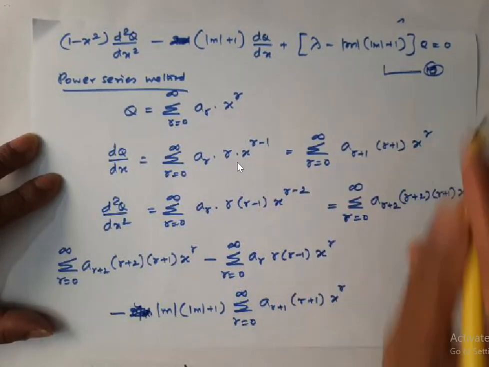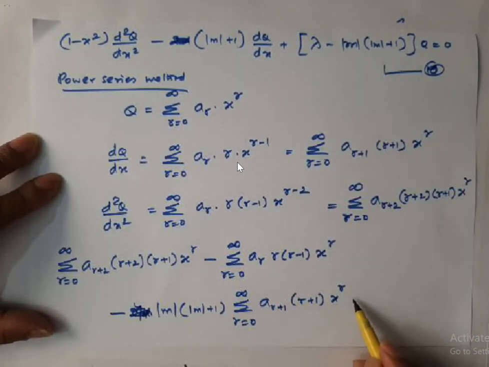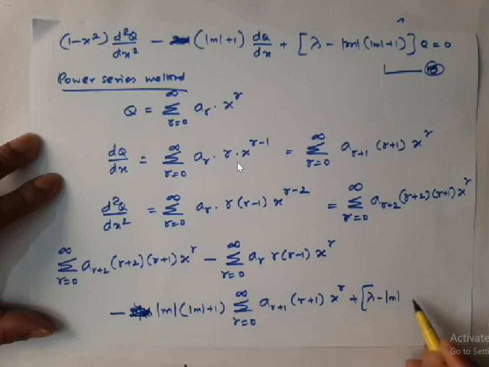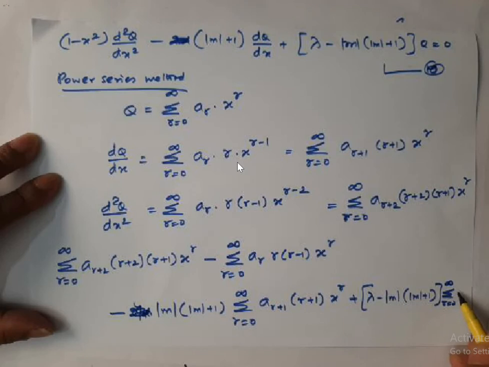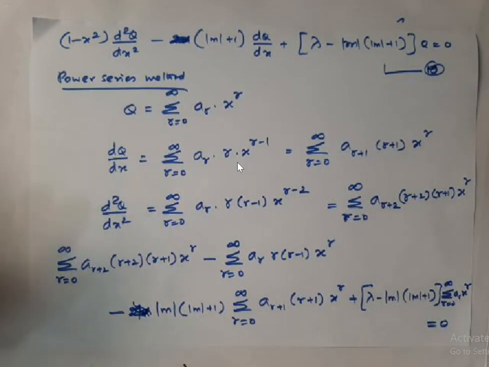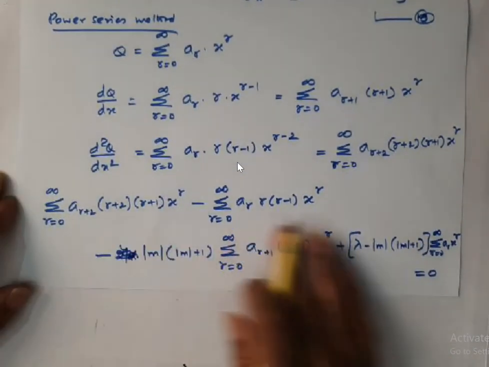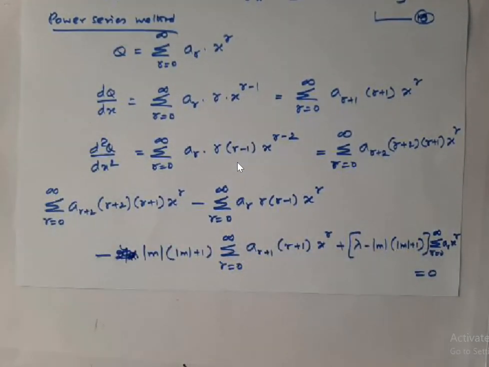Then the last one, plus lambda minus modulus of m into modulus of m plus 1, and in the place of q, I'll put summation r equal to 0 to infinity a r into x power r, equal to 0. So we got an equation like this according to the power series method.